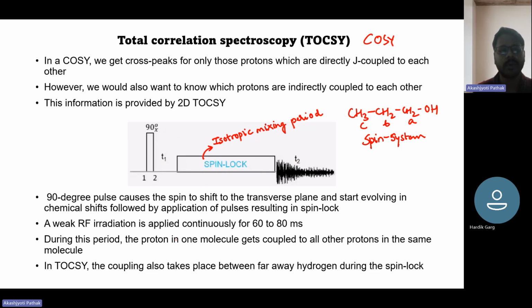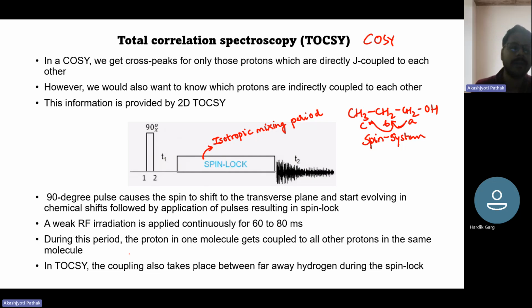It causes the proton in one molecule to get coupled to all other protons in the same molecule. So during this spin lock period, which is the main period, if we consider this proton A, it will get coupled to all other protons in this molecule.